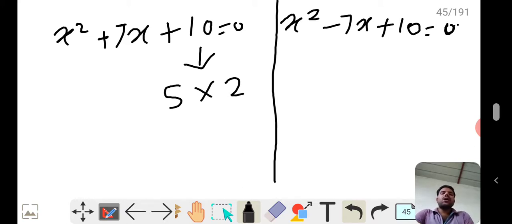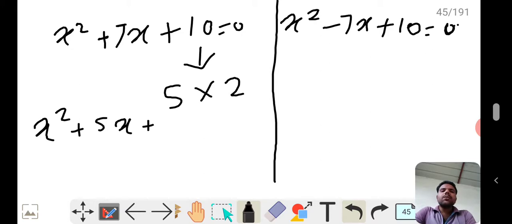So now we can reduce this equation to x square plus 5x plus 2x plus 10 is equal to 0. If we take x common from the first two terms, we get x times x plus 5. If we take 2 common from the other two terms, we get 2 times x plus 5, is equal to 0.